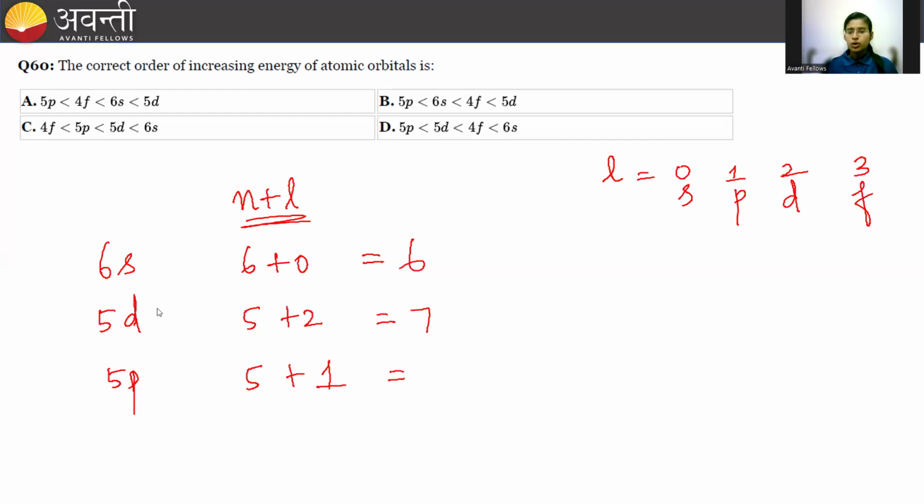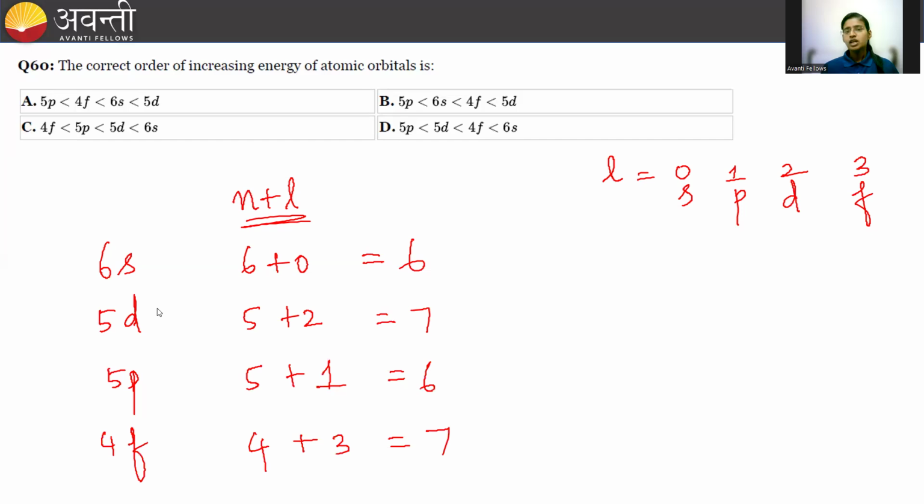So 5 plus 1 is 6. Then coming to the last orbital, which is 4f, n is equal to 4 and l is equal to 3. So 4 plus 3 is 7. So these are the n plus l values for the given 4 orbitals.